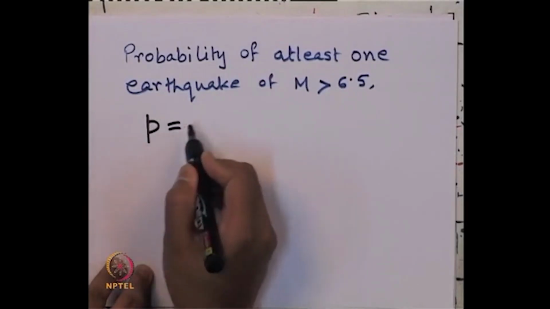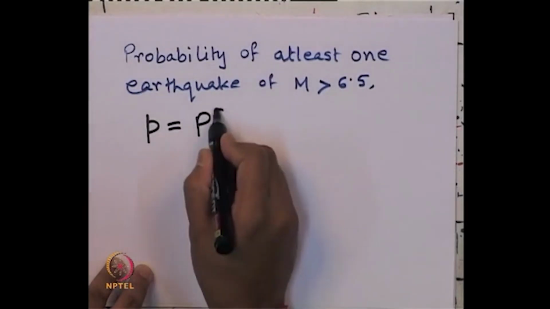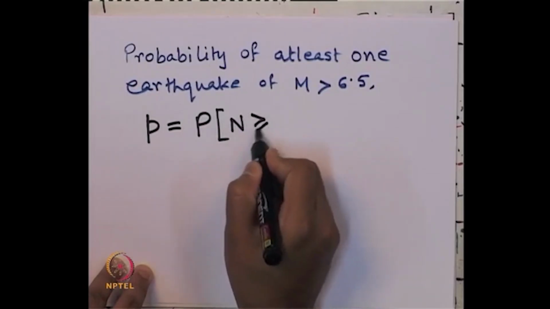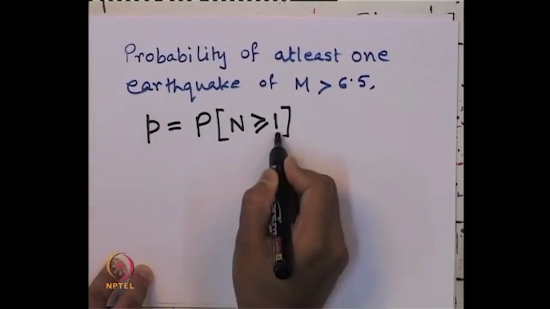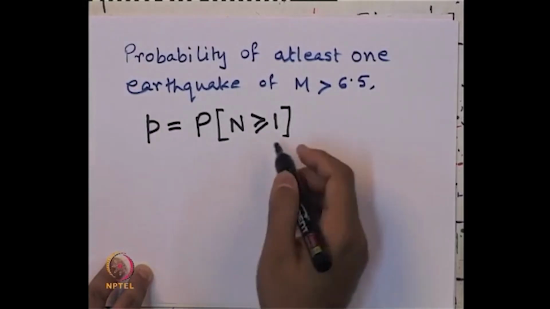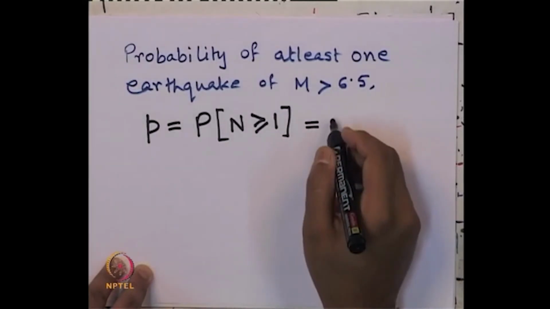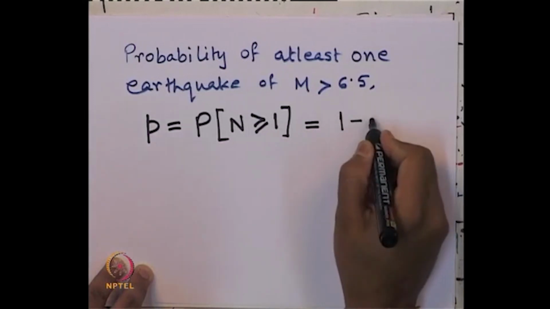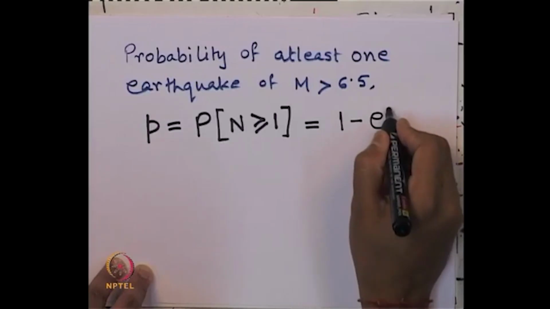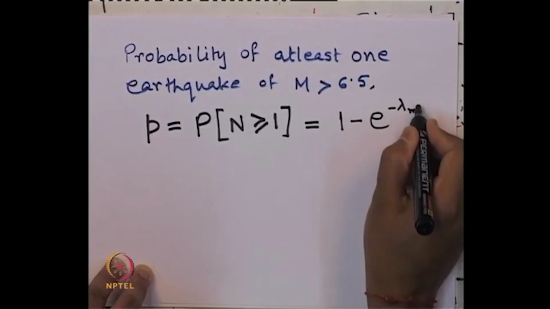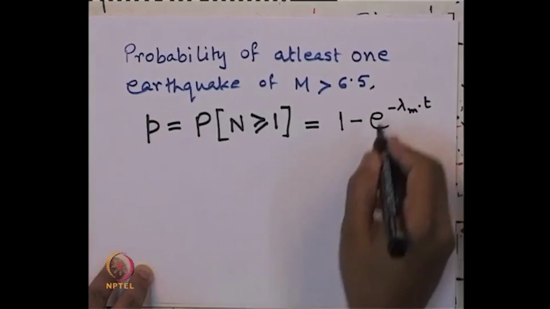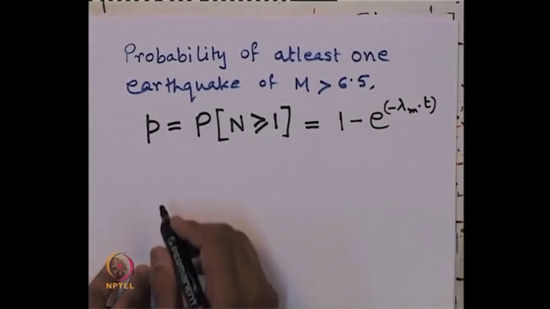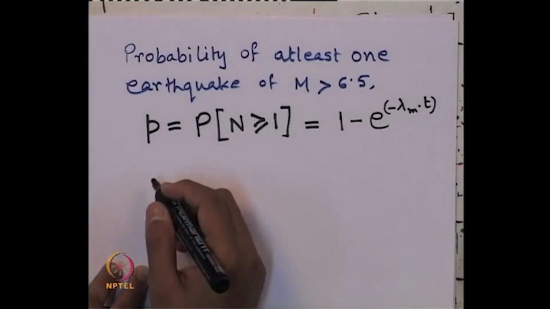So, this P is nothing but P of number of events greater than or equal to 1, that is at least 1, right. So, for that we know using Poisson's distribution, the equation is 1 minus e to the power minus lambda m times t. Okay. That is the expression we have already learned in our course.